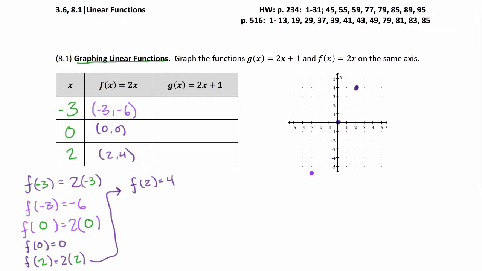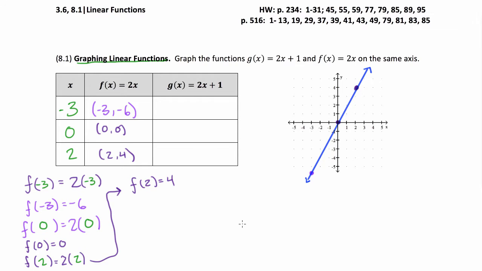There we go. And now I can just draw the straightest line I can through those points. There we go. So that is my line. And you should always put those little arrows on the end so I know that you know that it goes on forever. So what you're going to do is do the same thing for this second equation.